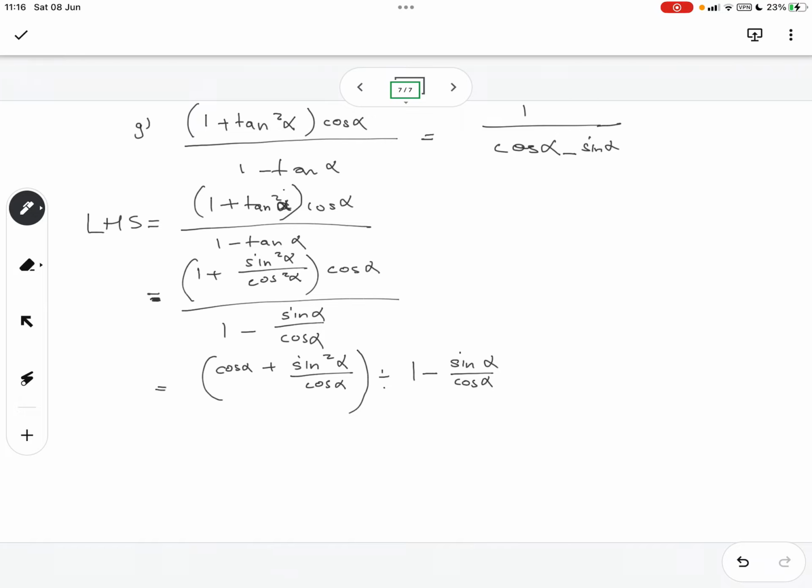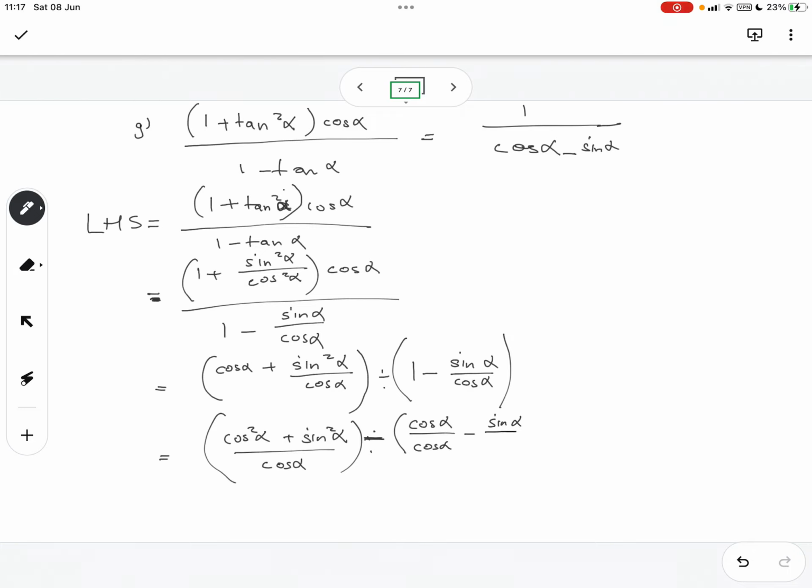And I would rather at this point say that this is divided by 1 minus sine alpha over cos alpha. Then if I look at this in here, I've got something over cos alpha. Cos alpha, that gives me sine squared alpha.